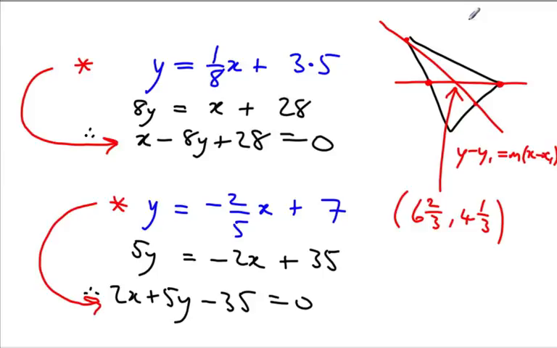If I said, I've got an equation y equals 2x plus 3, how do I know that the point 1, 5 is on that line? How do you test it? You just substitute the point in.